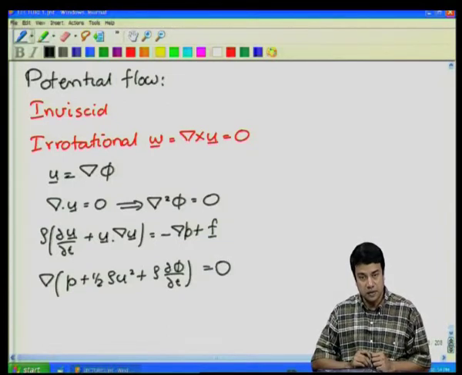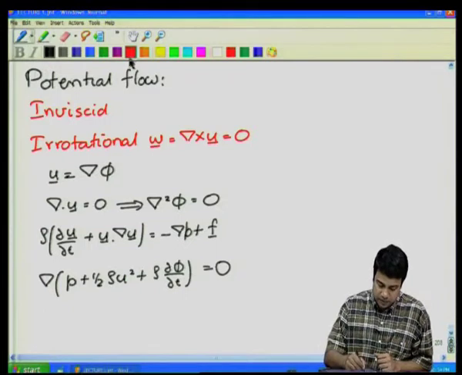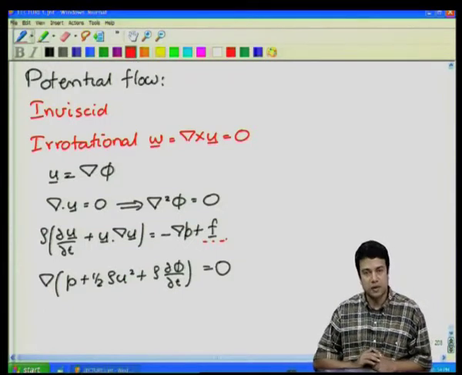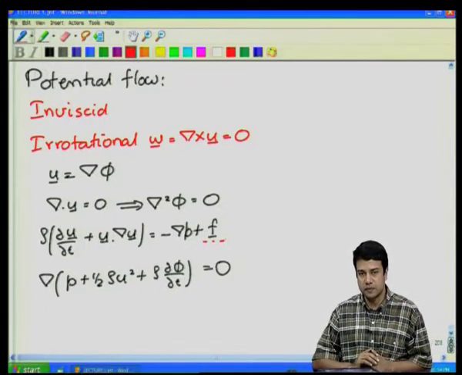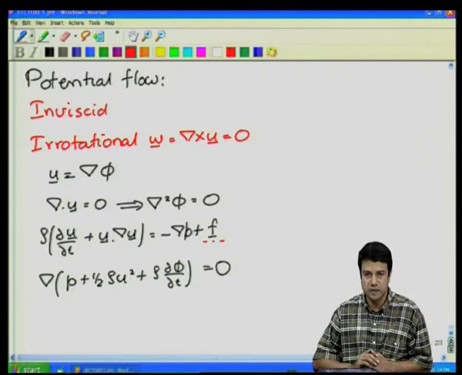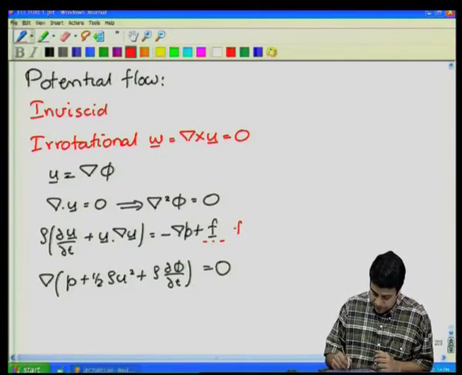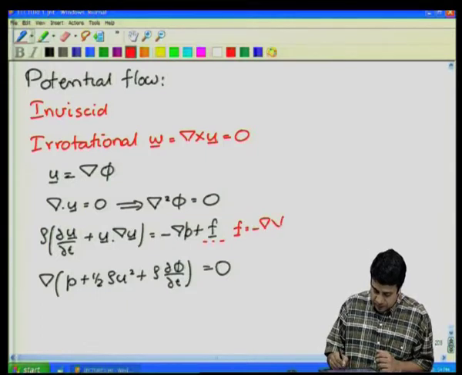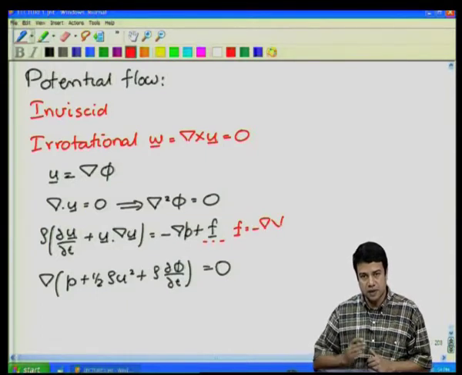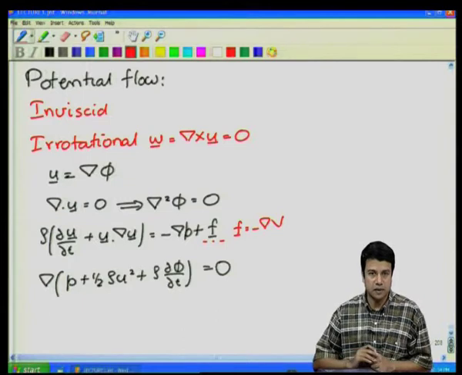In this particular case, I am assuming that this pressure can be written as minus of the gradient of a potential. In other words, it is a conservative force. Okay. The body force is a conservative force. So, it can be written as minus grad phi, gradient of the potential, and that potential term can be incorporated into the definition of the pressure itself.